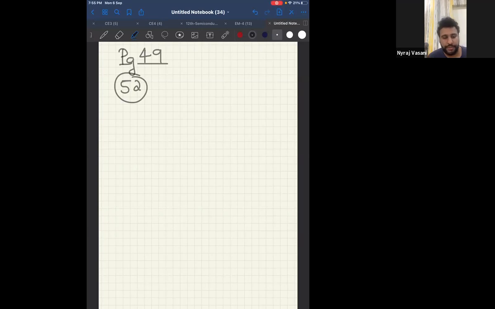Page number 49, illustration 52. I want you to solve this problem. I want you to just get the current in each branch, and after that we will apply KVL. Now I want you to get the current in the branch as per what they have done in the module. Now everyone look at the module. Can you see A, B, C, D, E?